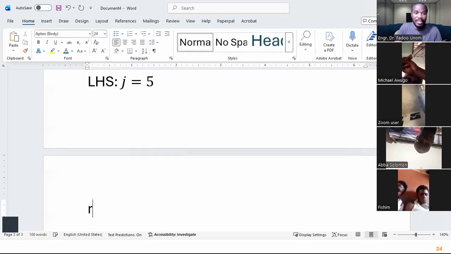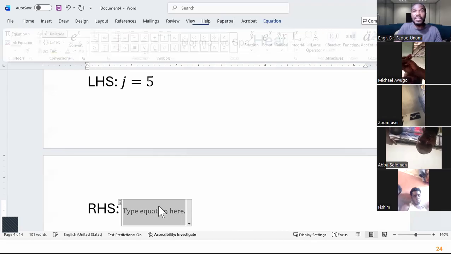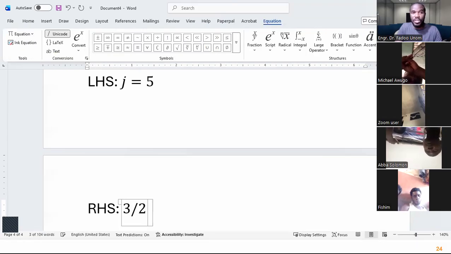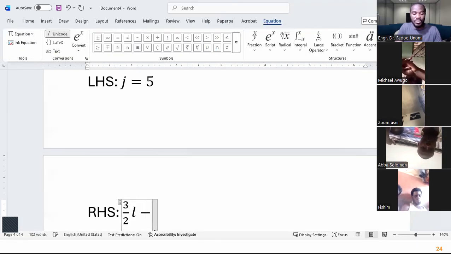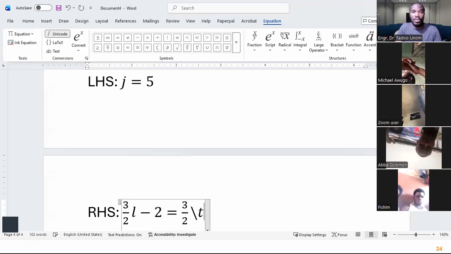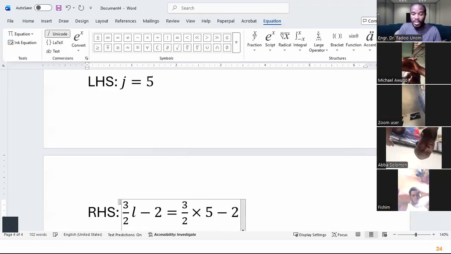How about the right-hand side? The right-hand side says that 3 over 2 times your number of links. We subtract 2 from that to find the value we're looking for. So that's 3 over 2 times, how many links are there? 5 links. Then we take 2 out of that, right?